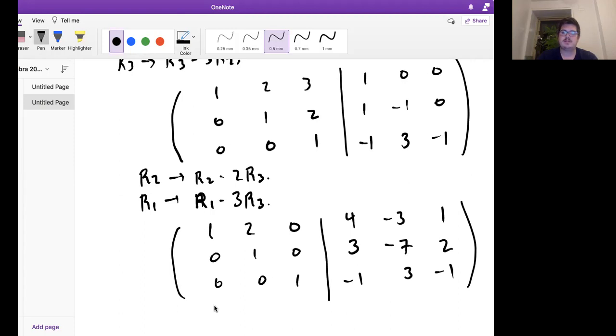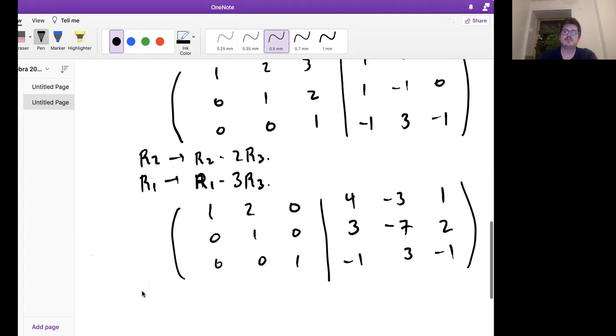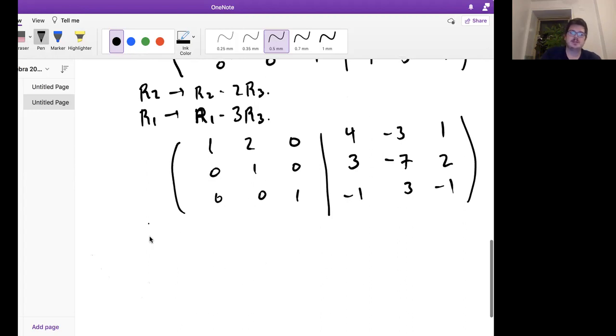And then what's the last step for reduced row echelon form? Yeah, get rid of the 2. So that's row 1 goes to row 1 minus 2 row 2.